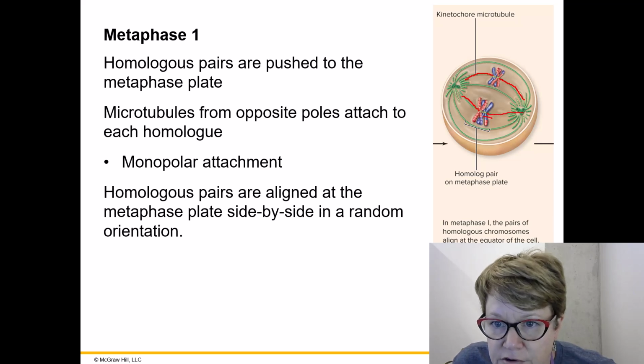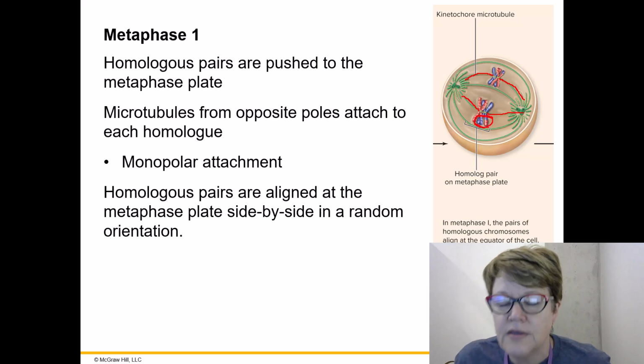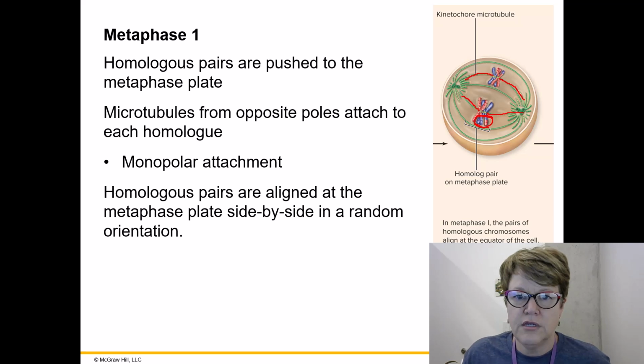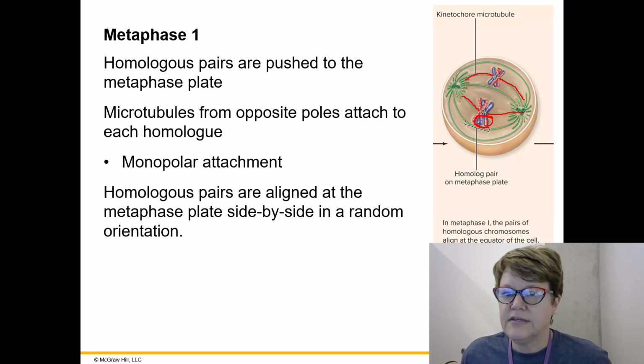And you can see if you look real close, here's the result of that crossing over. They're trying to show that. But I want you to focus on how the fibers are attaching to the chromosomes. The homologous pairs are aligned at the metaphase plate in a side-by-side kind of arrangement.